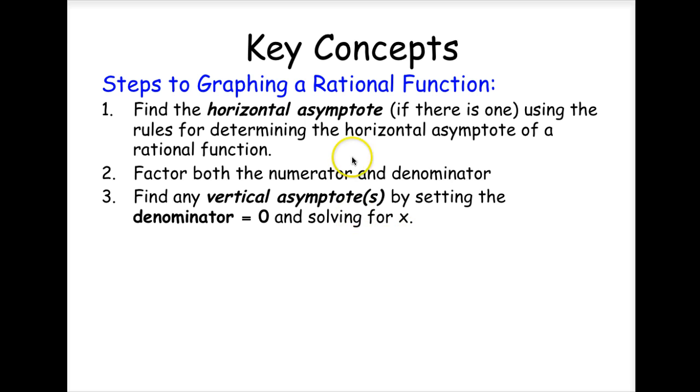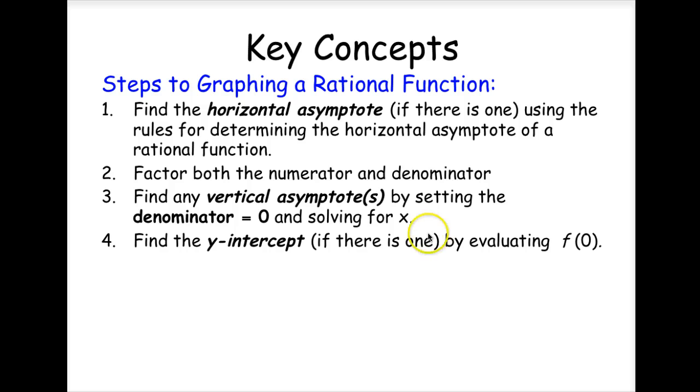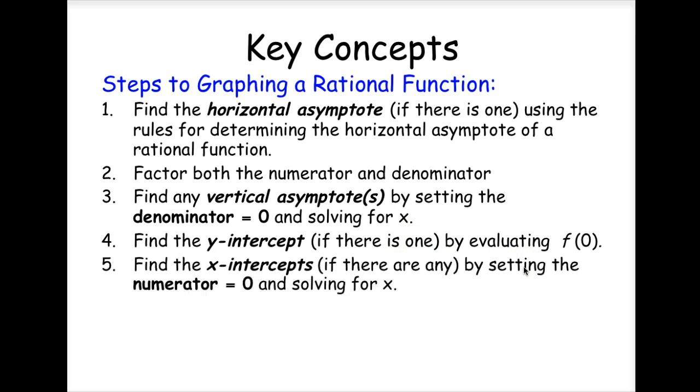When I graph my asymptotes, I tend to graph those with a dashed line to indicate that they're different, and I also write the equation of the line with the dashed line. Find the y-intercept if there is one. Find the x-intercepts if there are any by setting the numerator equal to 0. Then find a few more points on the graph.